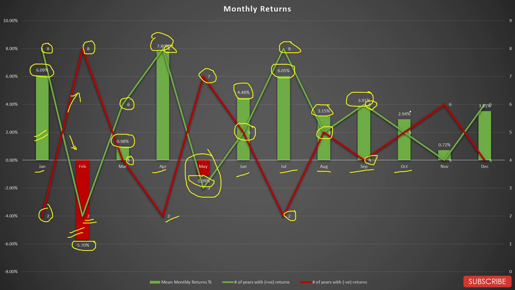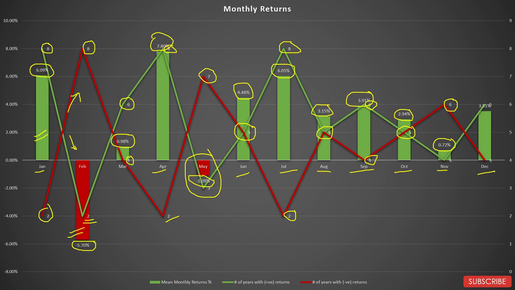October, below average, 2.94% average return with 5 positive and 5 negative years in the last 10 years. November, a bad month I would say for the sector, as the returns are flattish at 0.72% and 6 times in the last 10 years the sector has given negative returns in the month of November.